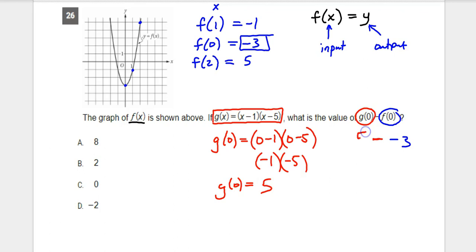So g of 0, take away f of 0, and remember, whenever you're doing integers like that, you don't subtract, you add the opposite, or use your calculator, and you get a correct answer of 8. So kind of a tricky question, but once you understand function notation and what it's asking, the math really isn't too bad on it.